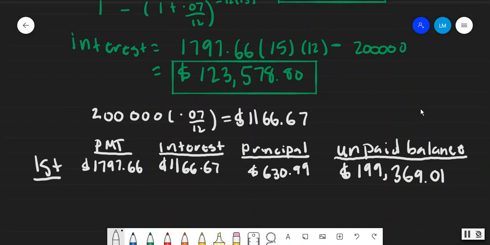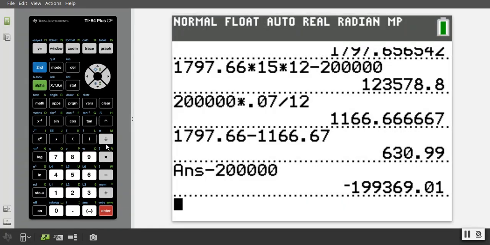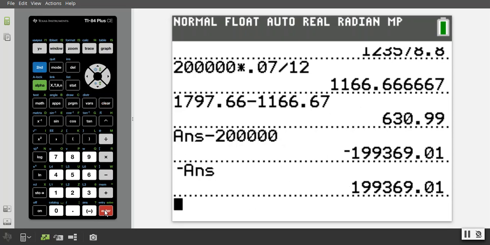Now, if we were to, for example, do the computation for the second payment, we can actually do that. We know that the payment was 1797.66. Let me just make this negative again. Okay, so I need to find the interest that's due.